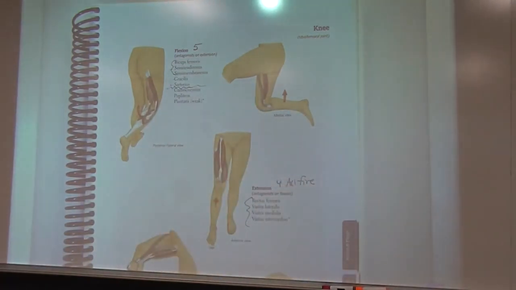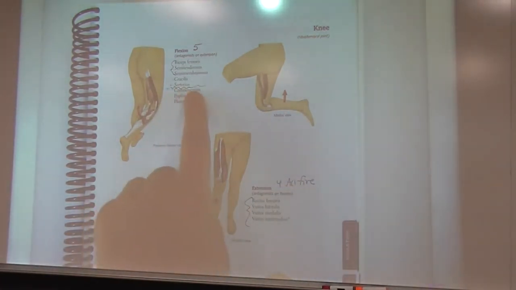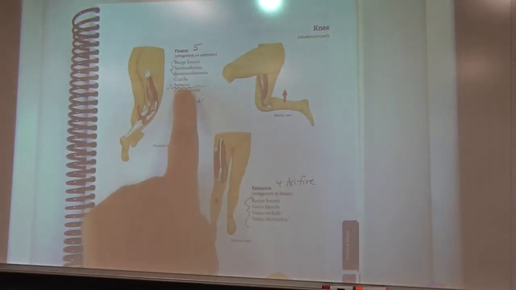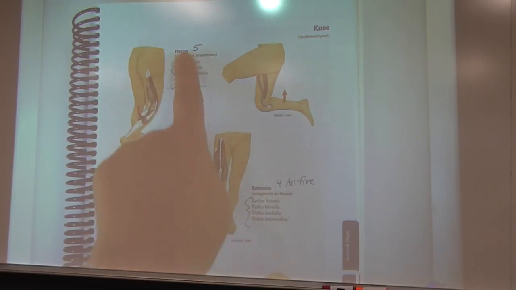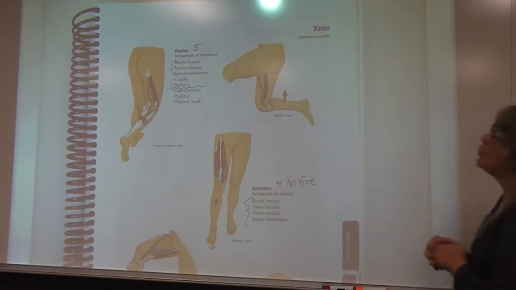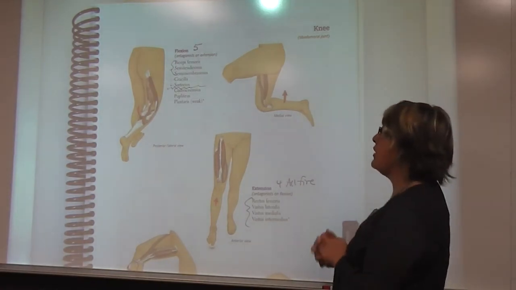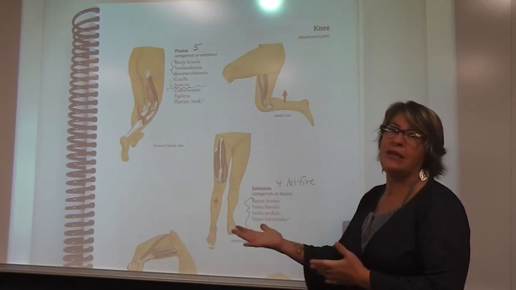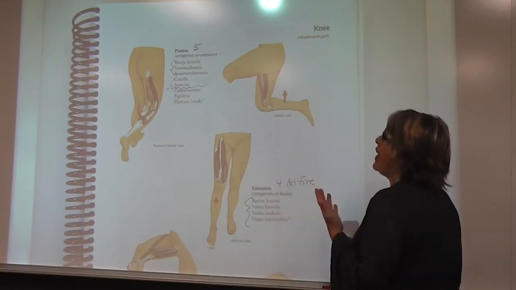There's our action. Notice I have the line because these bottom 3 are in chapter 7. I want you to focus on the 5 out of this chapter that are making this happen for the chapter test. So in order to bend our knee, we would have to think of which one's attached below the knee. That's going to be half of the battle.